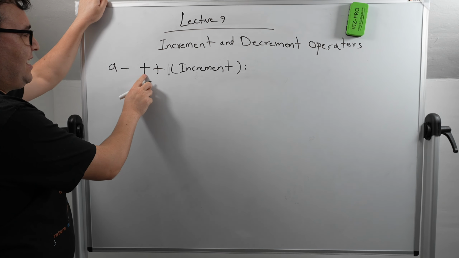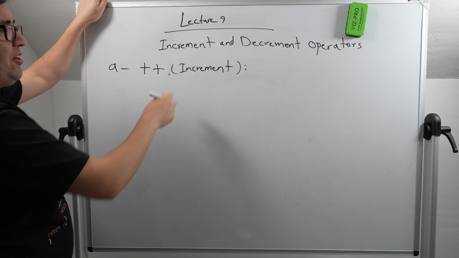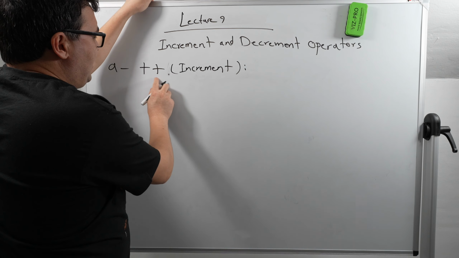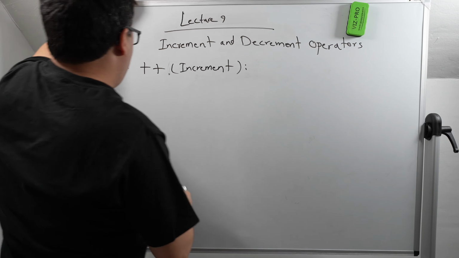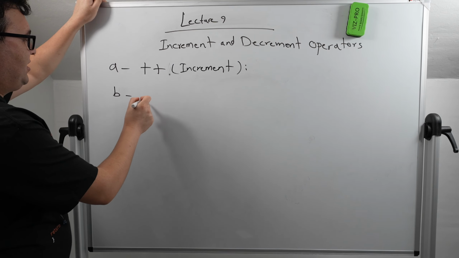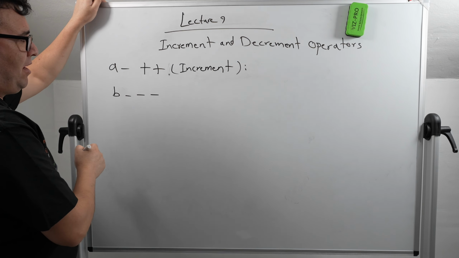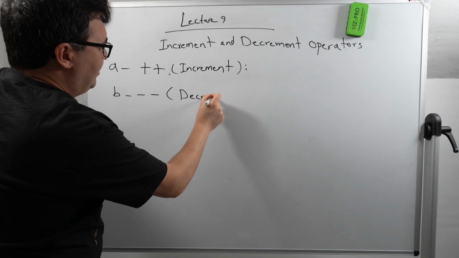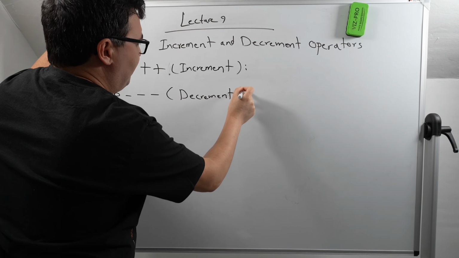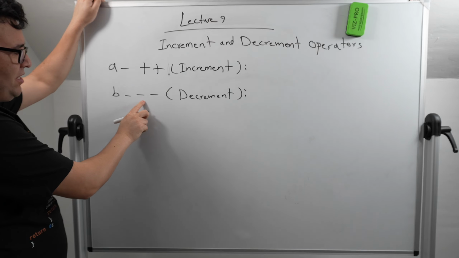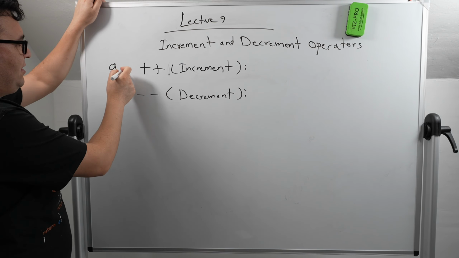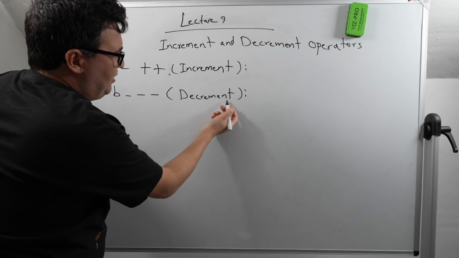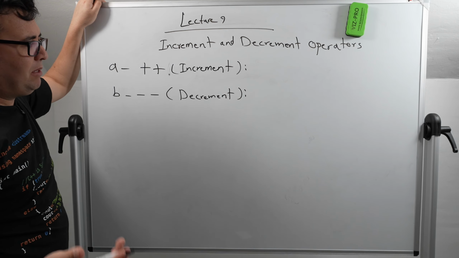As the name suggests, it increases the variable value by 1. And we also have the decrement operator, which is double minus, and this operator is used to decrease the value of our variable by 1.